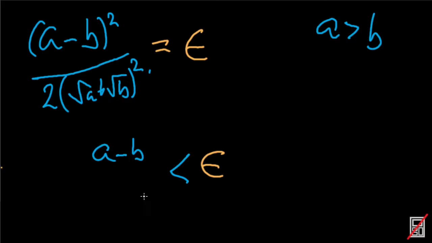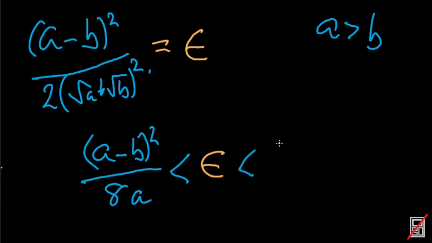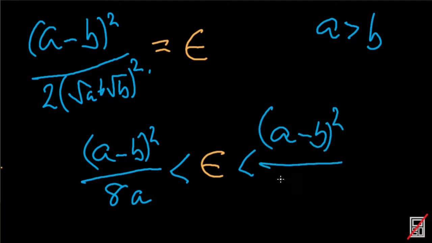Now, when we do that, we actually end up getting a minus b squared over 2 times 2 root a squared, which is 8a. On the other side, we can do the same thing, and it will be bigger, or it'll be smaller than this over 8b, which gives us some excellent bounds on how far off we are.